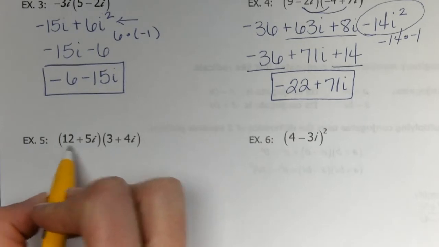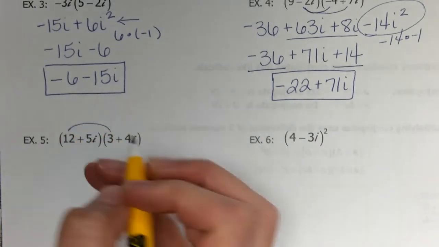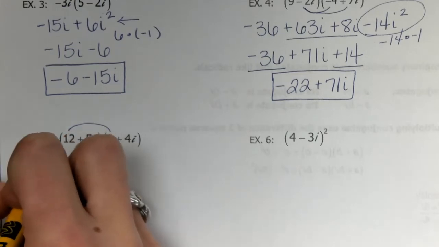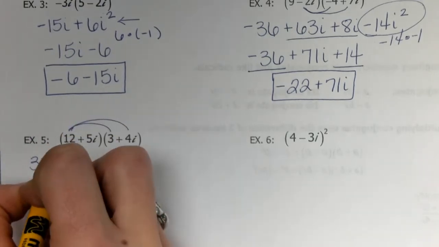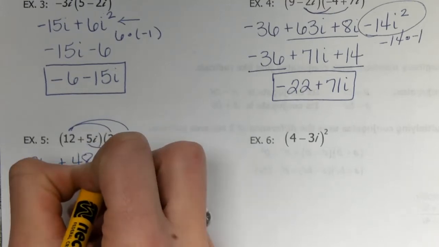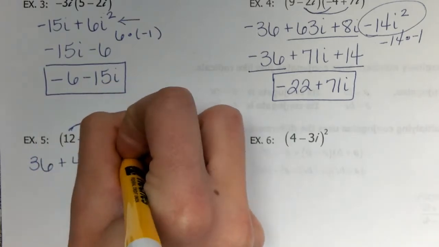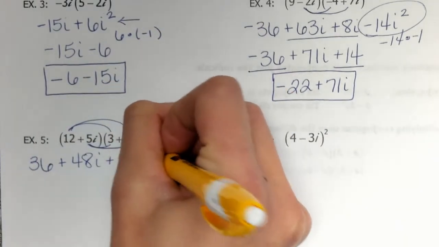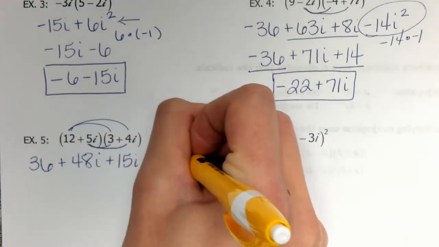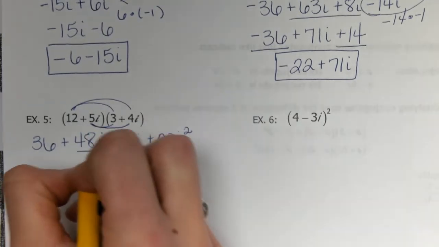Okay. So here I've got 12 plus 5i times 3 plus 4i. So I'm going to practice that again. 12 times 3 is going to give me 36. 12 times 4i, 48i. Then 5i times 3, 15i. And then 5i times 4i, 20i squared. Very good. Okay. So then combine my like terms.